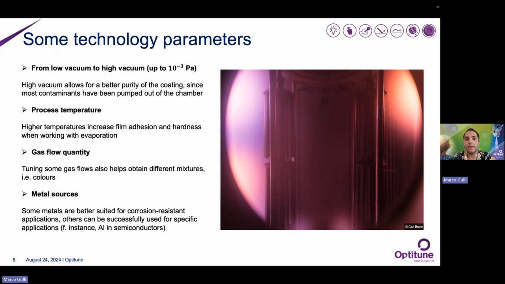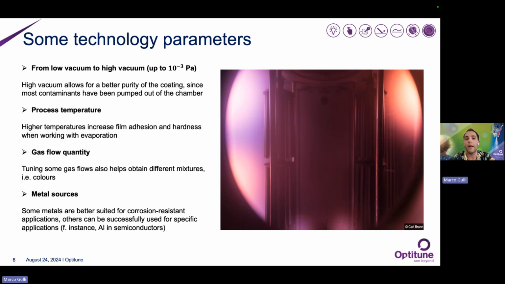Well, in the case of many, or let's say all, PVD technologies, we have a wide set of parameters. The most elementary ones are vacuum, temperature, gas flow, and metals that are used in the process itself.